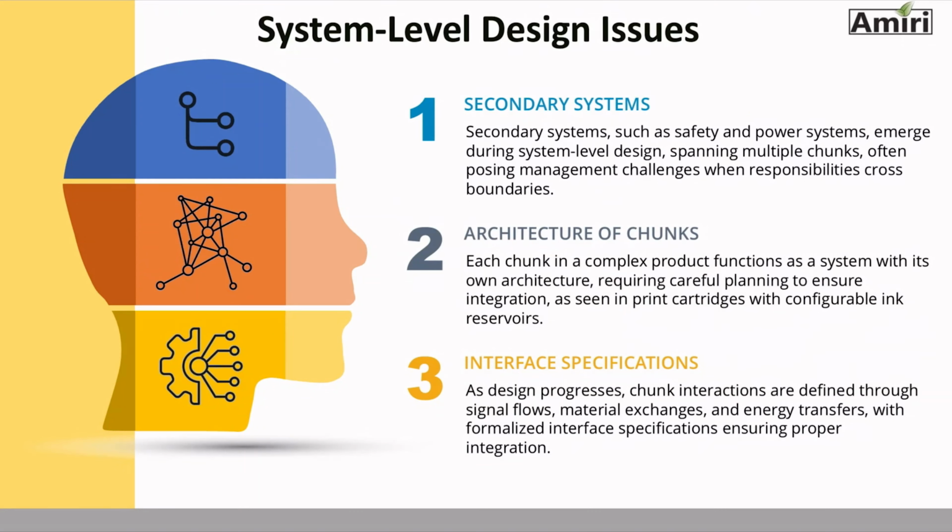These interfaces are often formalized in specifications, such as a contract between chunks that ensures proper coordination and integration of components. Detailed interface specification clarifies the interactions, such as the connection between a printer cartridge and a logic board in a printer.